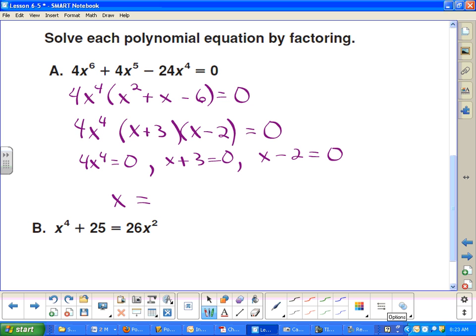So if I solve this first equation, 4x to the 4th equals 0, what does x equal? It's 0, yeah. X just equals 0. Right? If x plus 3 equals 0, then what makes that equal to 0? Okay, negative 3. And if x minus 2 equals 0, then x equals 2.